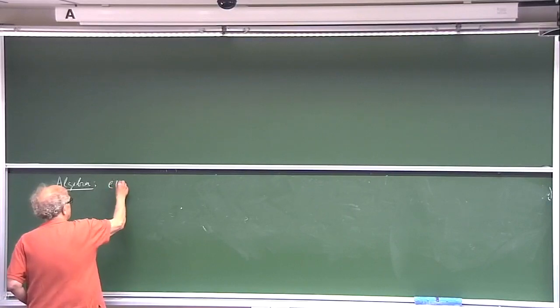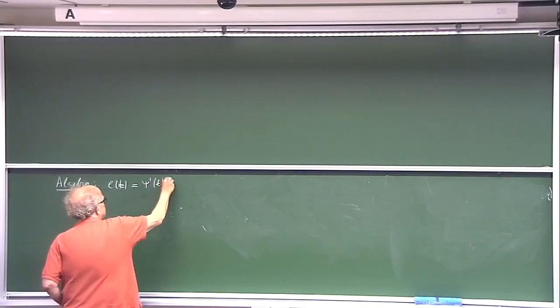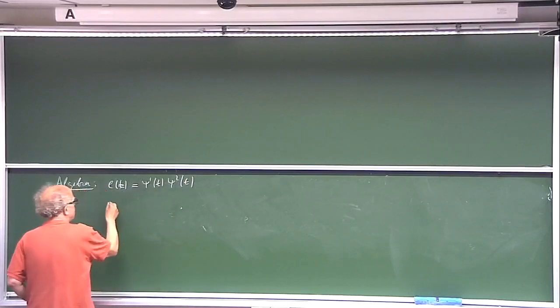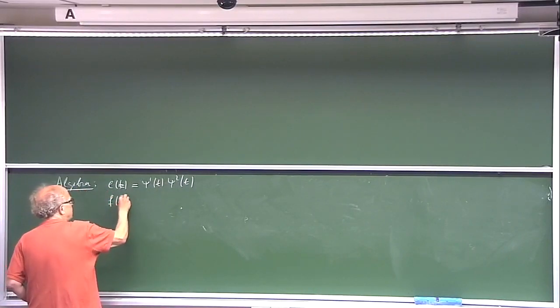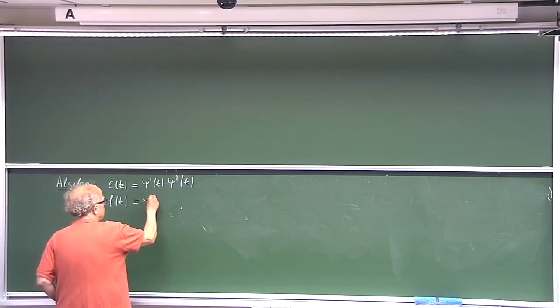We have E(t), and this is psi_1(t) times psi_2(t). And I also write down F(t). F(t) is the same, but here I can use star.